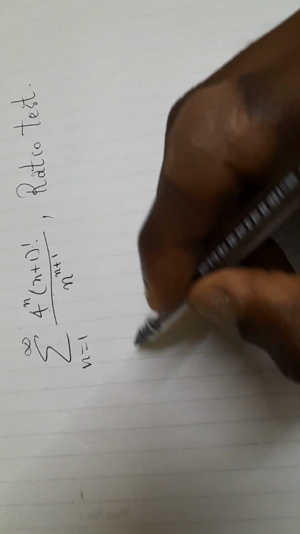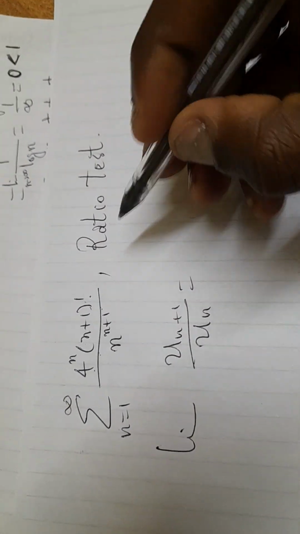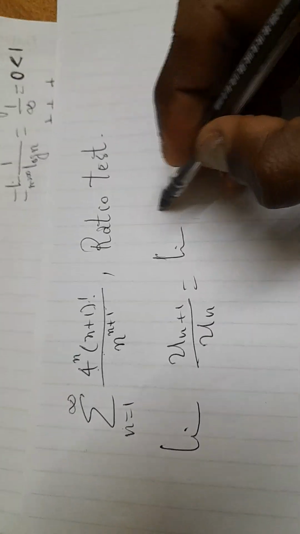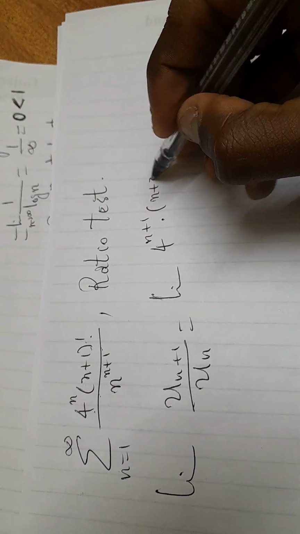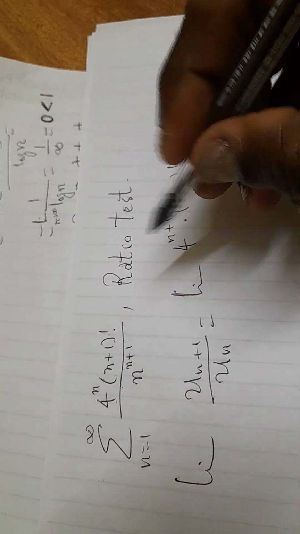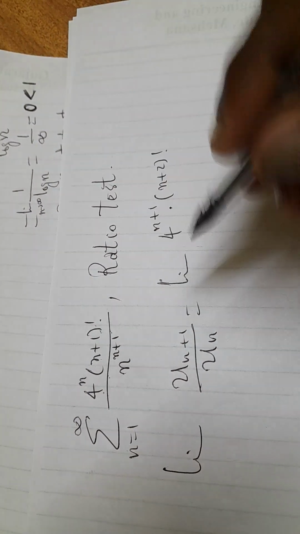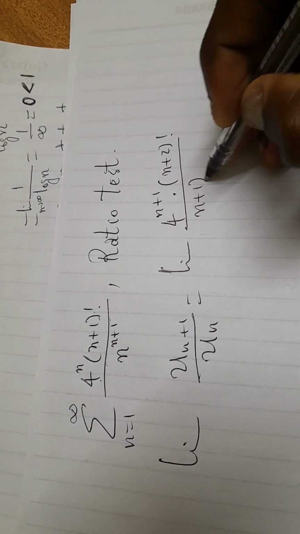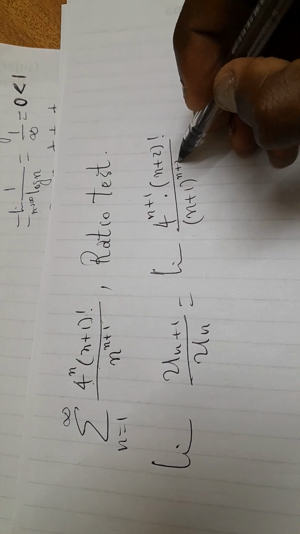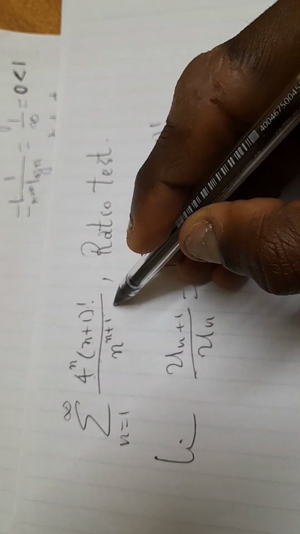Ratio test. So now the limit of u_(n+1) upon u_n. What is u_(n+1)? Where you find n, put n plus 1, just like this: 4^(n+1) times (n+2) factorial upon (n+2) to the power n+2, where 1 plus 1 is 2.